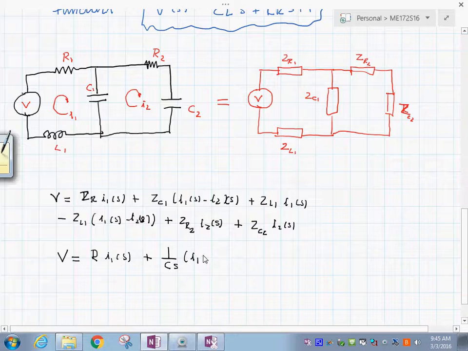And isn't it true that from here you can write two equations with two unknowns, I1 and I2, and doing this you can find any transfer function in there. So that's how we do it using this concept of impedance.